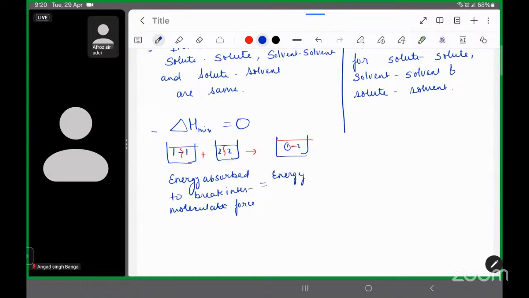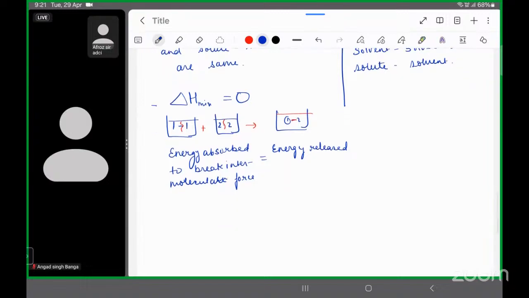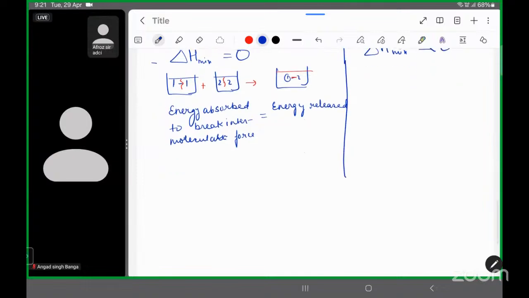Energy is released when any interaction is developed. So no net loss of energy is there, no net gain of energy is there. Understand? Delta H mixing is equal to 0. And here delta H mixing is not equal to 0. It may be more than 0, it may be less than 0, depending upon the type of interactions.